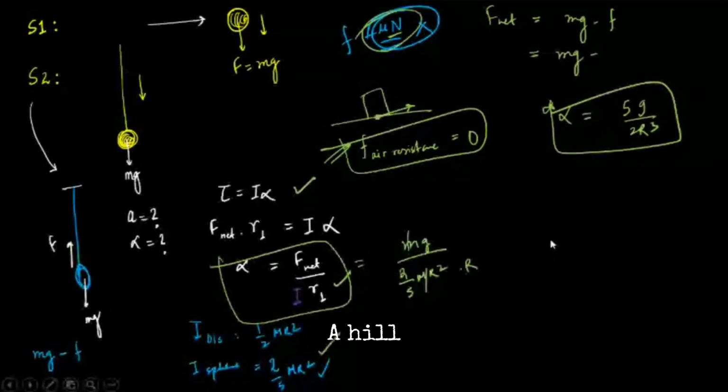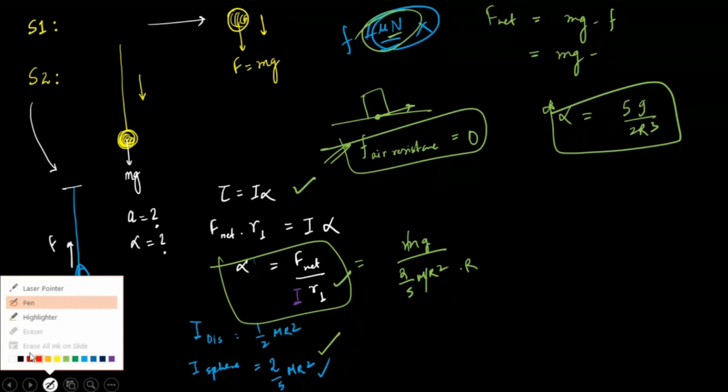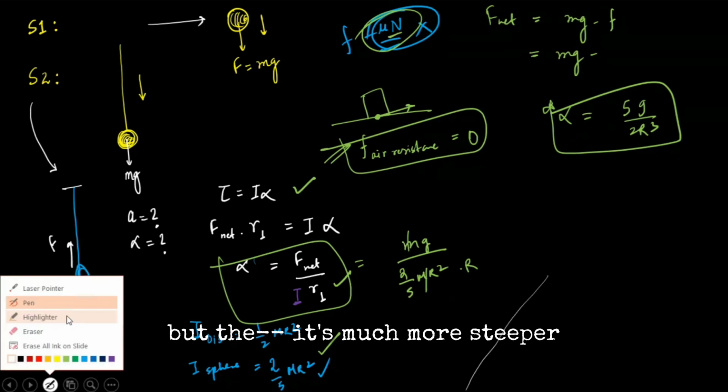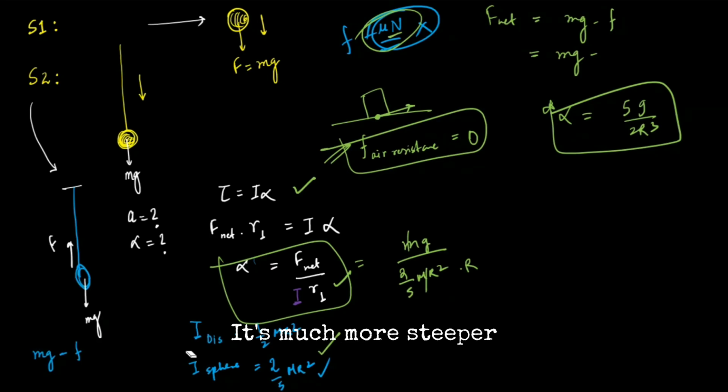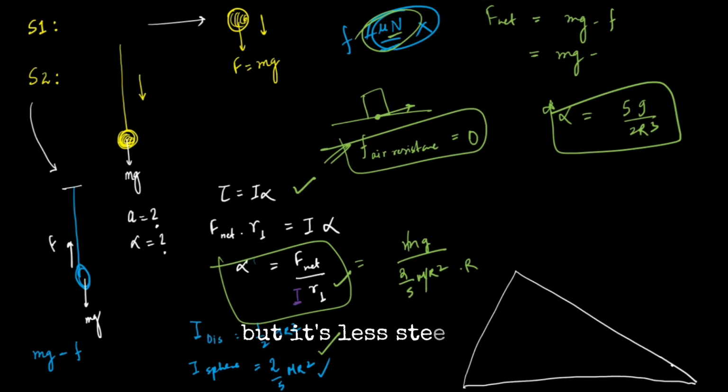On the left side of the hill, to reach the peak, the horizontal distance is shorter, but it's much steeper. The right side of the hill has a longer horizontal distance, but it's less steep.